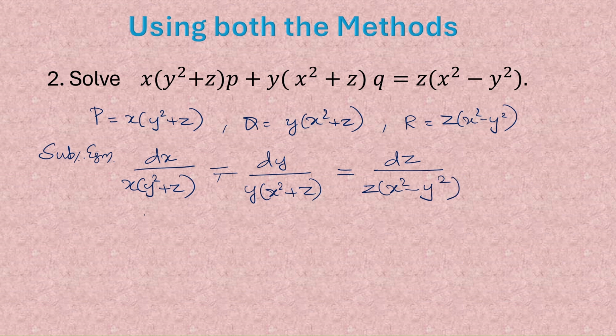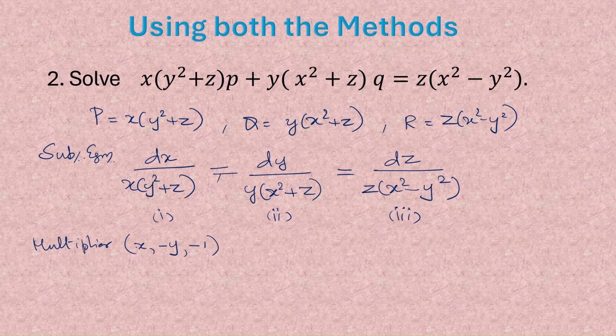Now directly by looking at these ratios, by grouping it is not possible to solve the equation. So first let us choose the multiplier. Here we have to choose the multiplier in such a way that the denominator becomes 0. So if we choose x, minus y, minus 1, then we can get the denominator as 0.